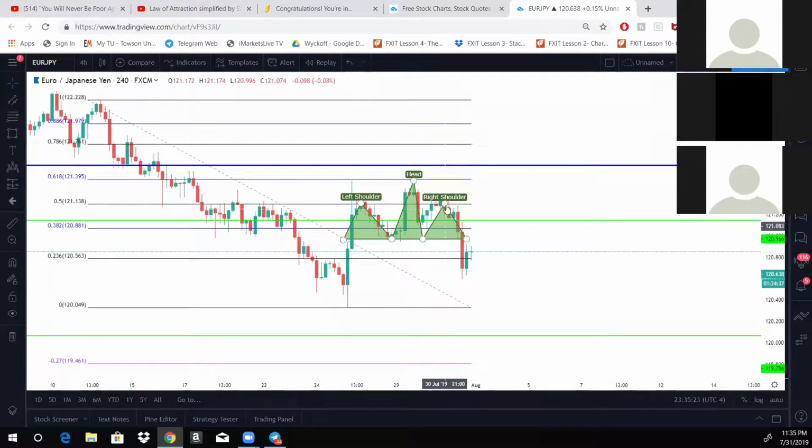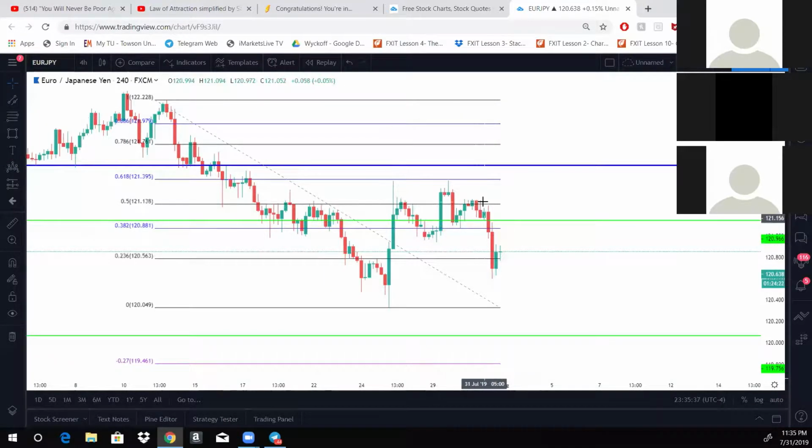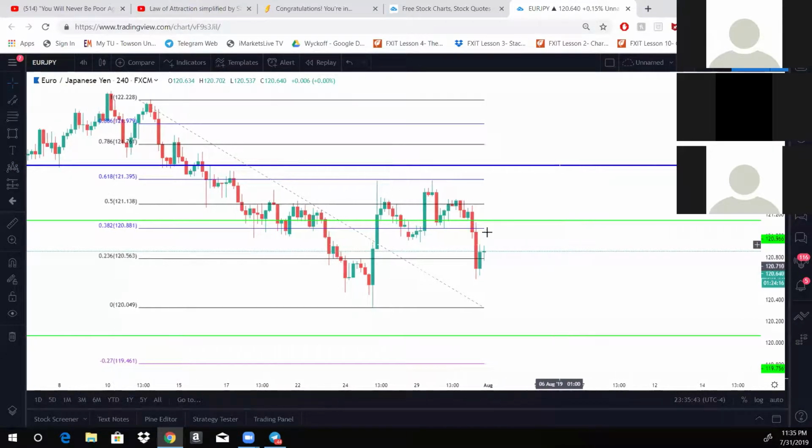So even if you didn't enter the sell earlier, you should have entered right after it came down to level 38.2. It rejected 50. If you were skeptical about this entry right here, you waited for this candle and opened a position on the next candle, and it opened right here, and that's 50 pips.